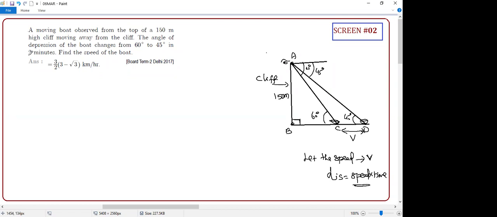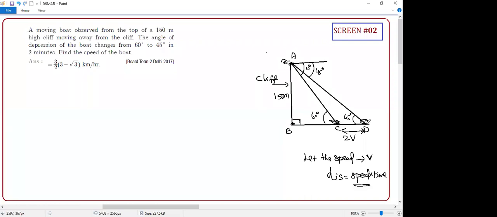What is the time? They said 2 minutes. Put 2 minutes. Guys, this 2V is the distance. Sir, why are you not keeping V or 2? Guys, this is nothing but distance, not a speed, not a time. Are you clear? So I know a super formula: distance equals speed into time. Guys, the moment you understand this logic, the rest of them are automatic.